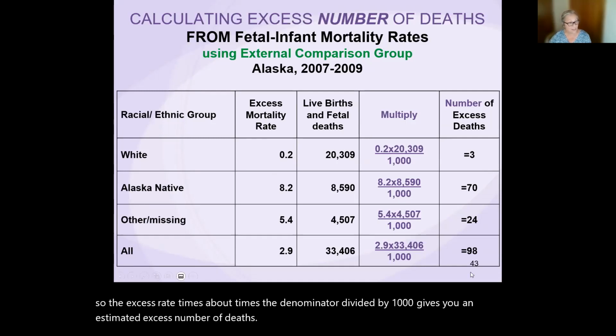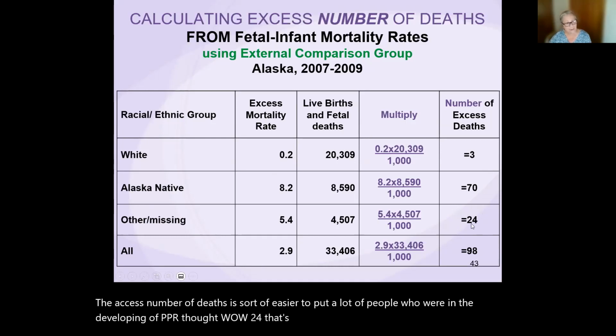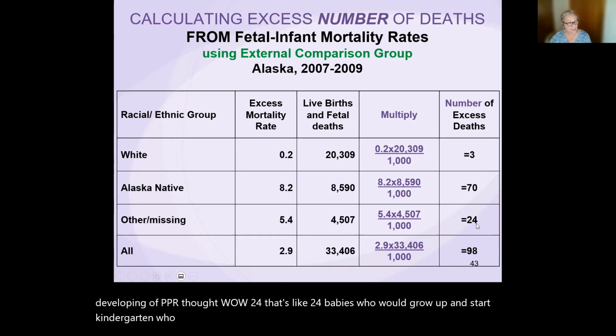The excess number of deaths is easier to put into context. A lot of people who were developing PPOR thought, wow, 24, that's like 24 babies who would grow up and start kindergarten who are not going to. You know, it's really concrete. It's more concrete than rates, and maybe better for a community.